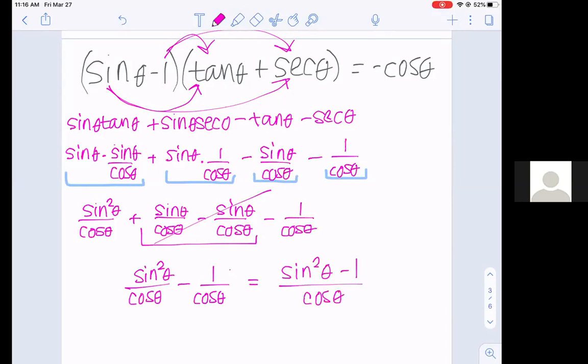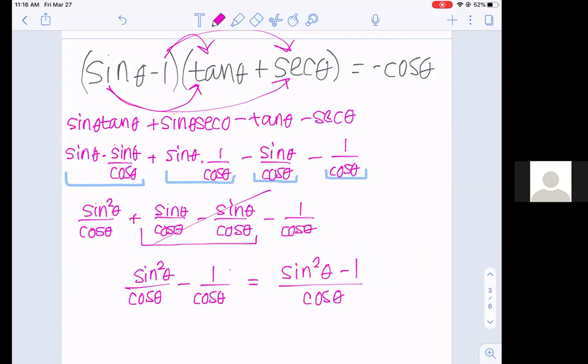Okay, and then the top is actually a Pythagorean identity. It's your sine squared plus cosine squared equals 1. I just rearranged it. So I can replace the top with cosine squared theta over cosine. And actually, hang on a second.